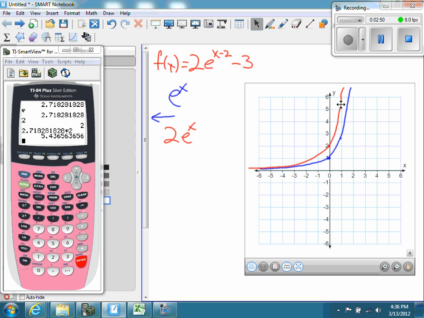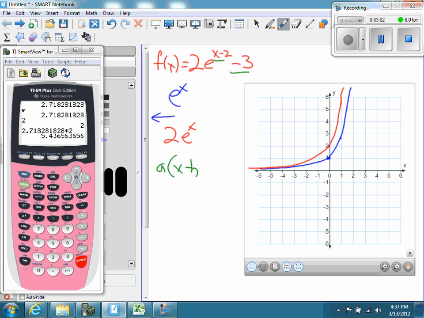Now I have my horizontal and my vertical shift. Remember, this is the same thing as a times x minus h, plus k. My x minus h is right there, and my k is right there. With my x minus h, I'm going to shift every point over 2.